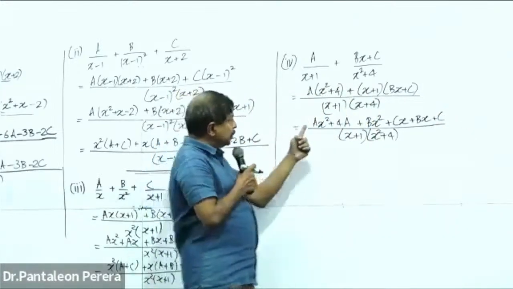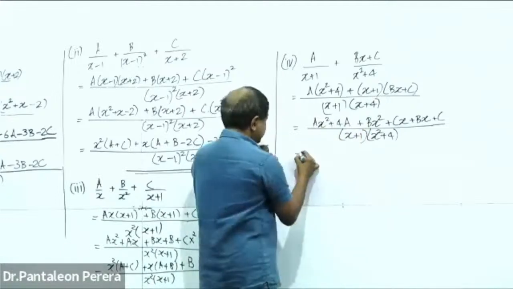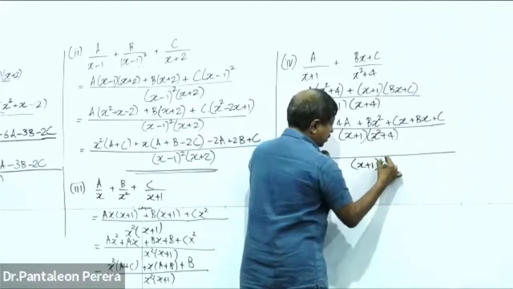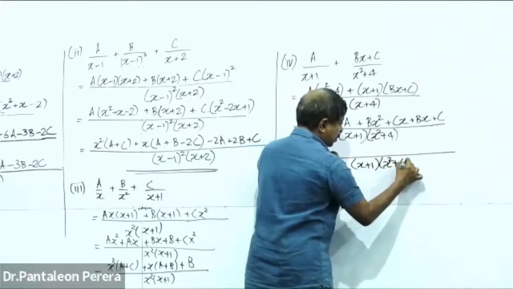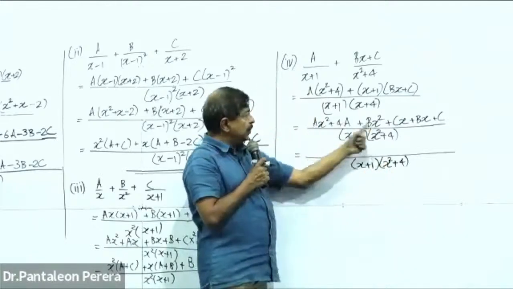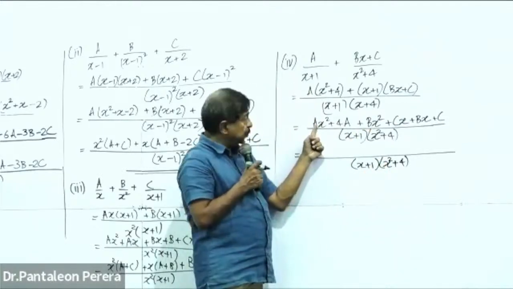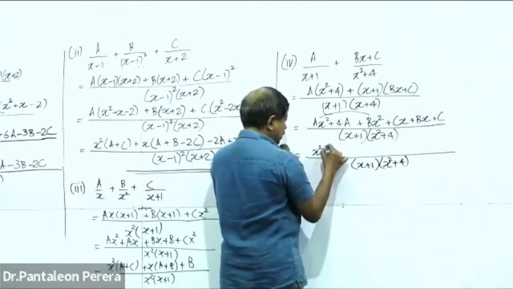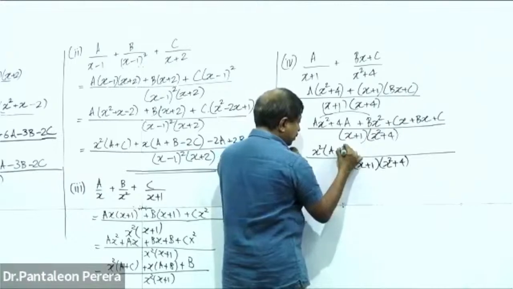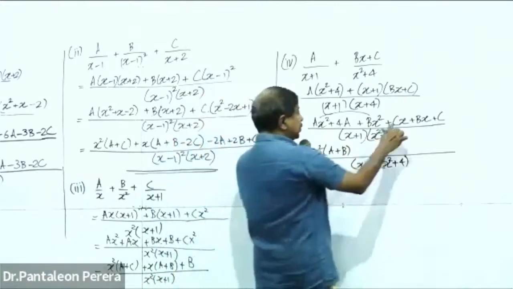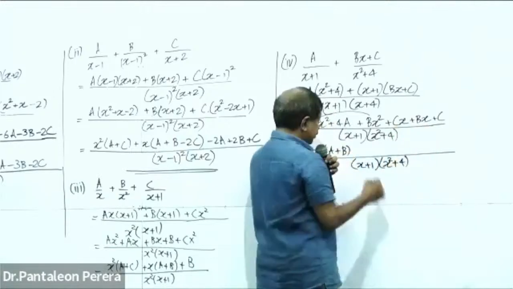Now, there are two terms carrying x squared. When you pull out x squared from these two, you get a plus b, right? There are two terms carrying x.